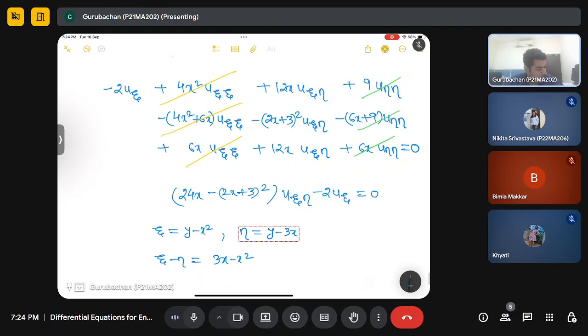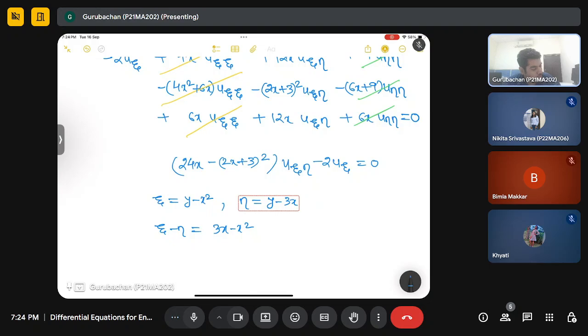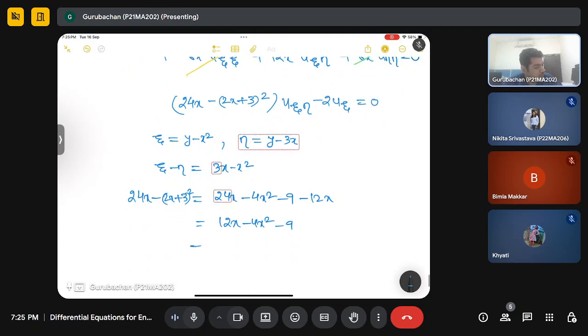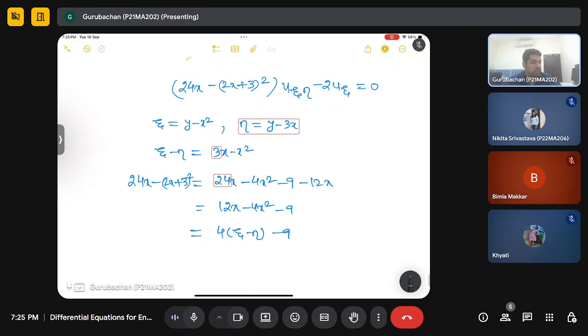And what is this square? 24x minus (2x plus 3) whole square, this is 24x minus 4x square minus 9 minus 12x, which will be 12x minus 4x square minus 9. If you take 4 common, 3x minus x square, that is xi minus eta, minus 9. So this is the value of this expression in terms of xi and eta.